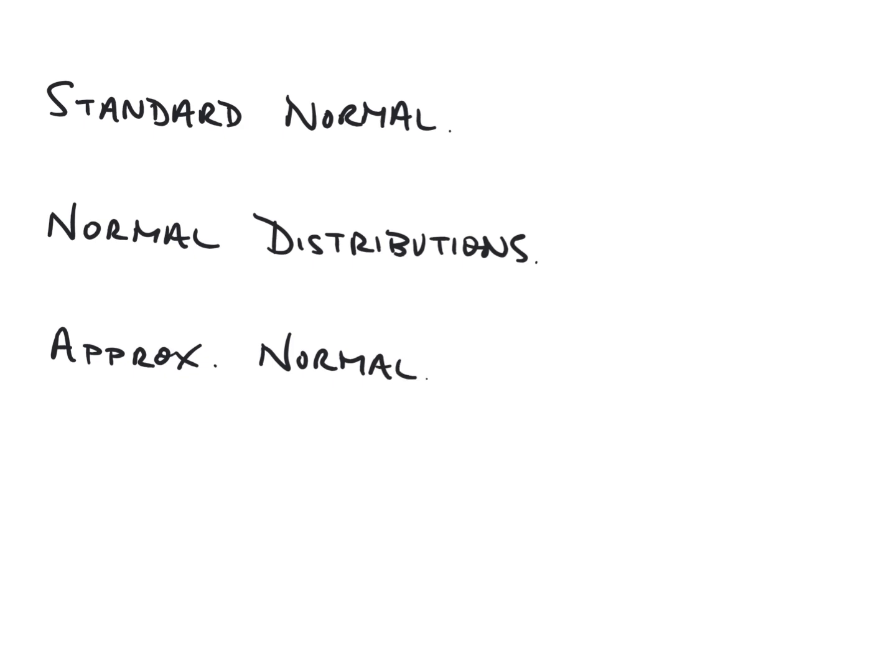And the two distributions that I'll address are the binomial distribution and the Poisson distribution. Both of them become approximately normal. So let me talk about this binomial distribution first.